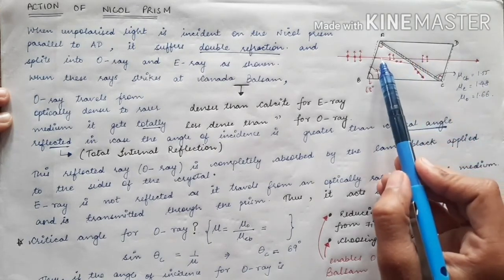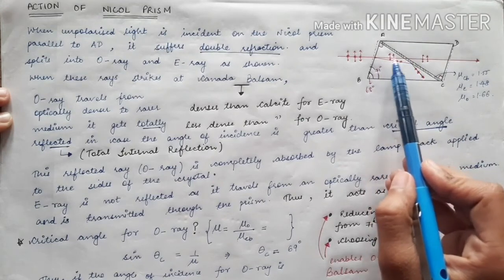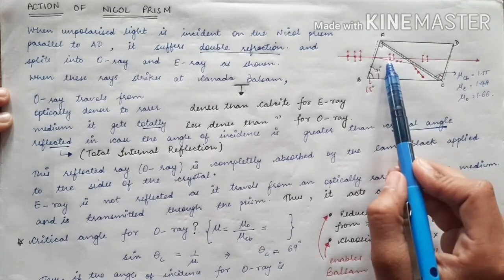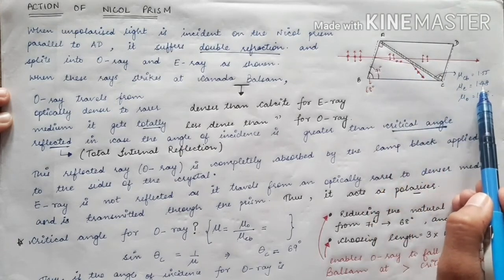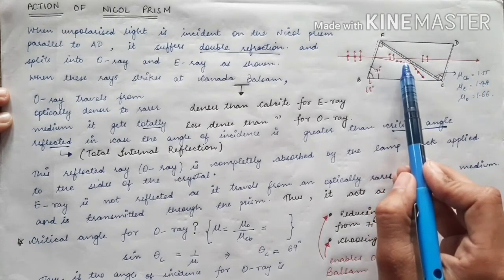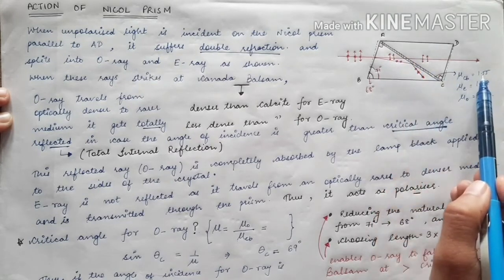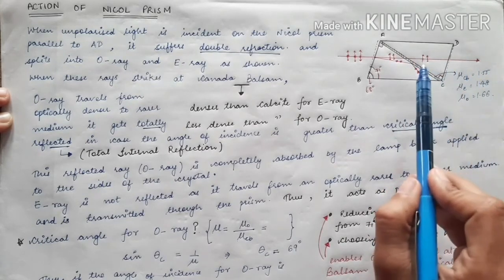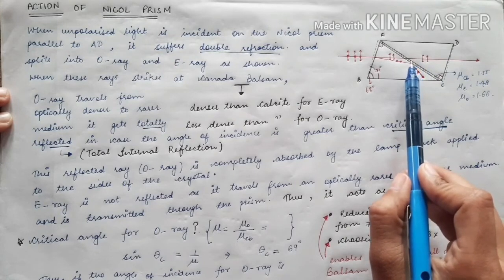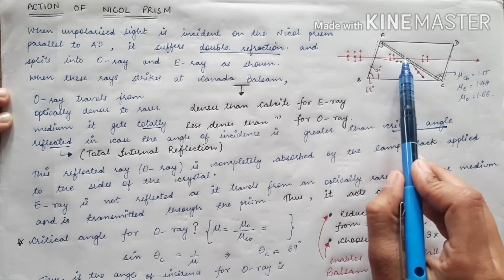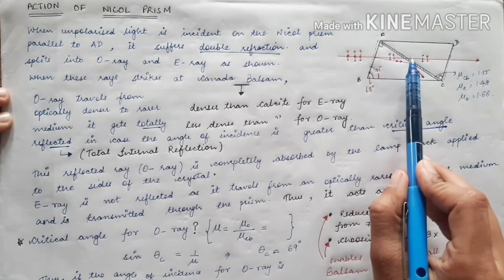If you look only at the extraordinary ray, the ray at the top, inside the calcite crystal it has refractive index 1.48, and it strikes the Canada balsam layer, which has refractive index 1.55. So the Canada balsam is denser than the calcite for the E ray.